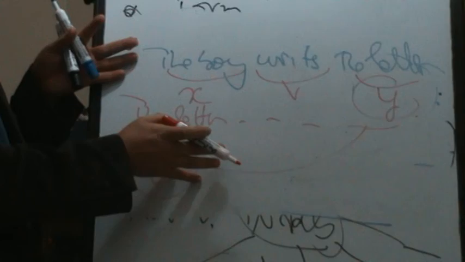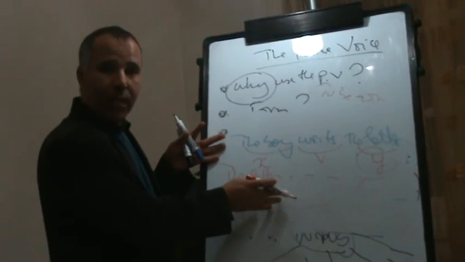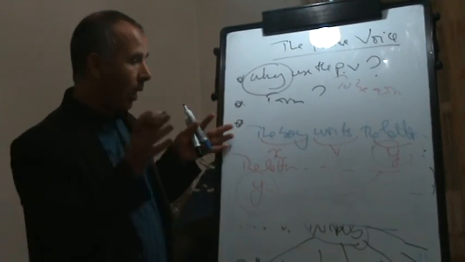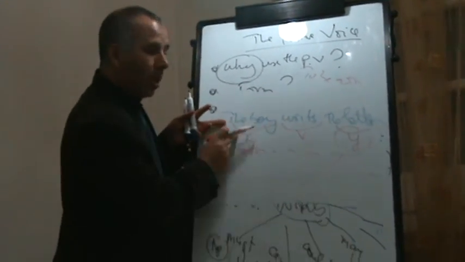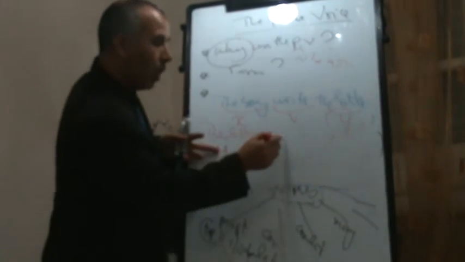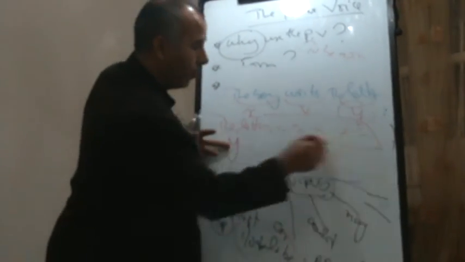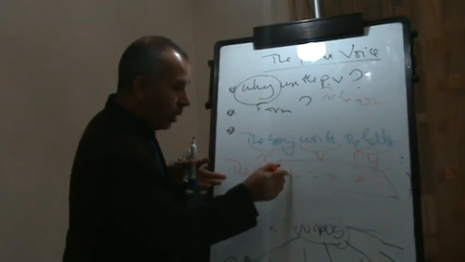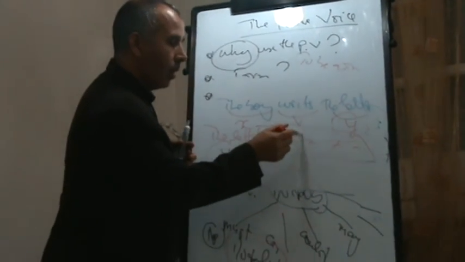This is how you know that what you are tested on here is the passive voice, and not the conditional or something else. The boy writes the letter: X, verb, Y. The letter, Y, we start with Y, so we are tested on the passive voice. So you remember the rule. What is the rule? To be plus the past participle of the verb. The letter is written by the boy.